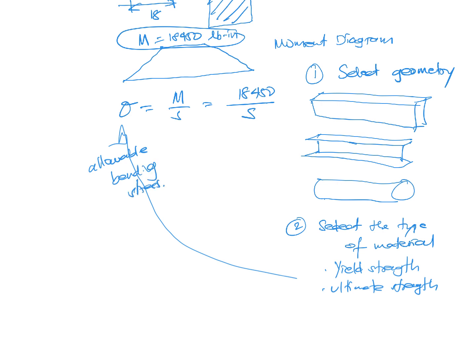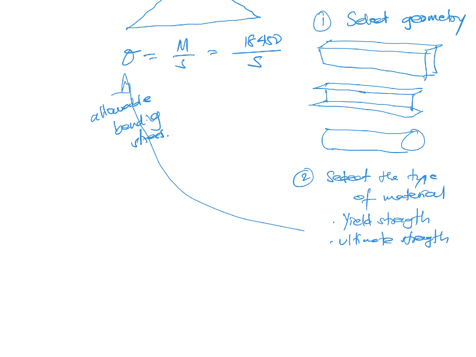Okay, so here let's just say that we want to assume a rectangular section. If we assume a rectangular section, then our section modulus will be equal to t h squared over 6.